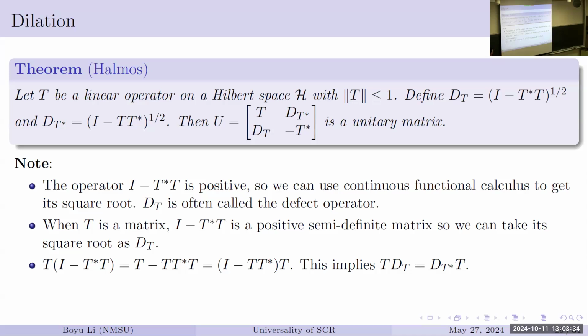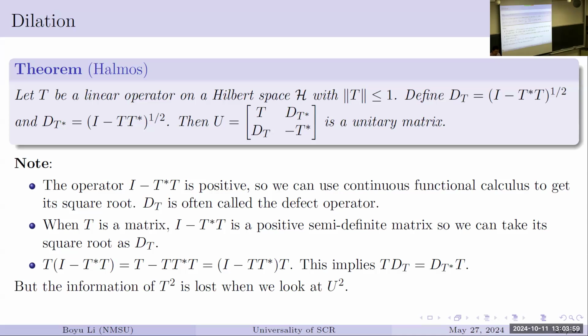You also need a little bit of operator theory to see why this is a unitary. If you put T on the left, it can transfer to the right, but basically this is D_T squared, and this is D_T* squared, and so on. That implies some identities, but anyway, you can check that and realize this is unitary. So this is Halmos.